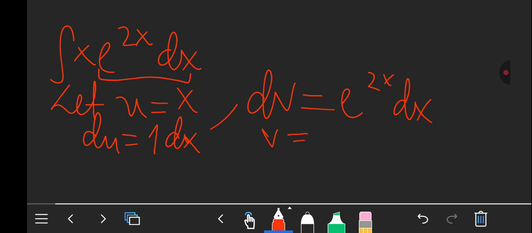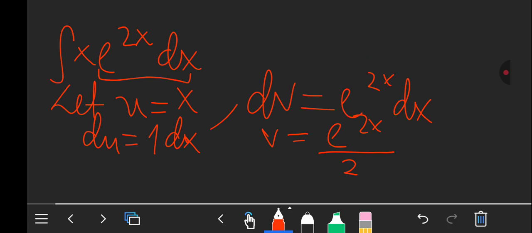The integral of dv will be equal to: we differentiate the power, the derivative of 2x is just 2, so that will be our denominator, and we integrate e to the power 2x. It remains e to the power 2x, it is very stubborn, it does not change. Then over 2. So this is our v.